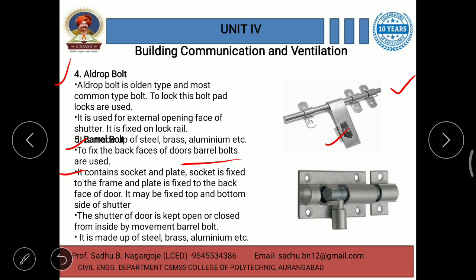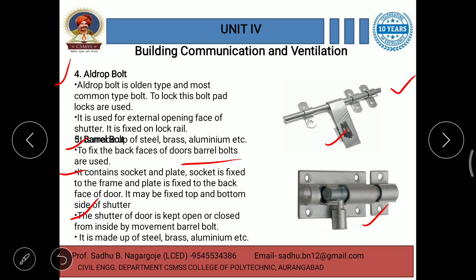It contains a socket and a plate. The socket is fixed to the frame and the plate is fixed to the back face of the door. It may be fixed at the top and bottom side of the shutter, as we also know about these things.